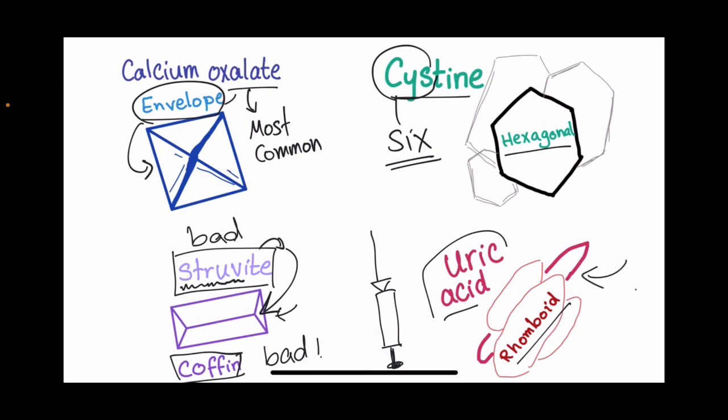So here, this is the most elongated shape. So uric acid, rhomboid. So envelope, calcium oxalate; hexagonal, cystine; coffin shaped, struvite stones, the evil one; rhomboid shaped, uric acid. I hope it's simple because it is.